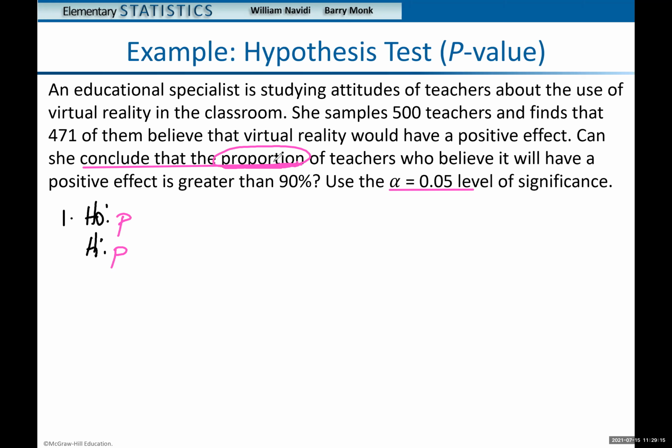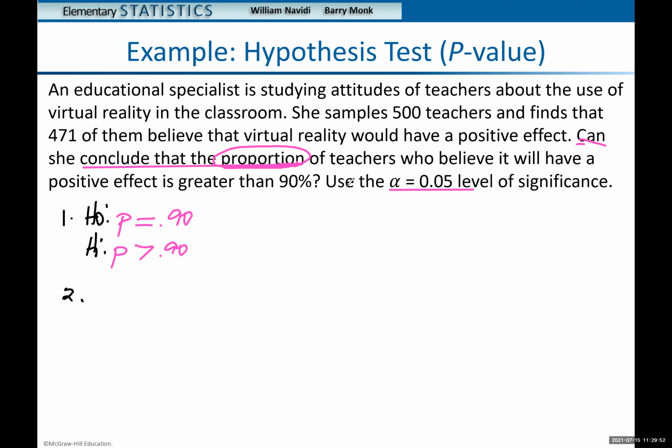This time, if it's about proportion, or if you see percentages in the given, you have to use p. Percent means p. That's the easiest way to think about it. Okay, so this is the whole question. It says greater than 90%, so you have to use that for your hypothesis: 0.90, and greater than, so H1 is p greater than 0.90. Okay, so that's your step 1.